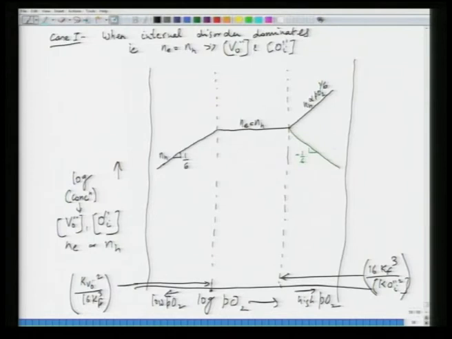So, Ne in this region would vary as minus 1 by 6, it would also vary as minus 1 by 6 in this region. This would be Ne.